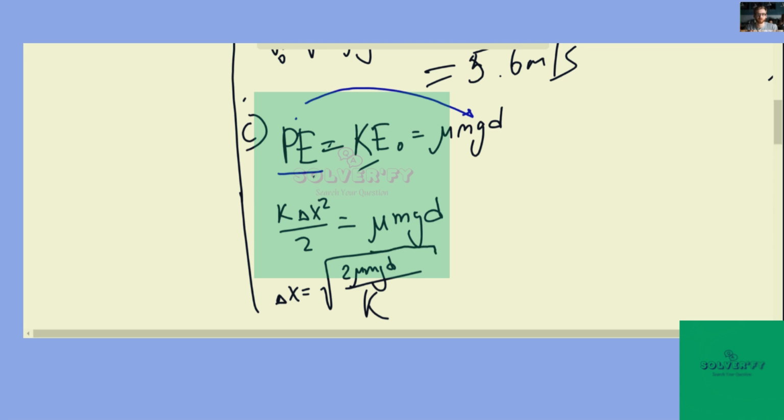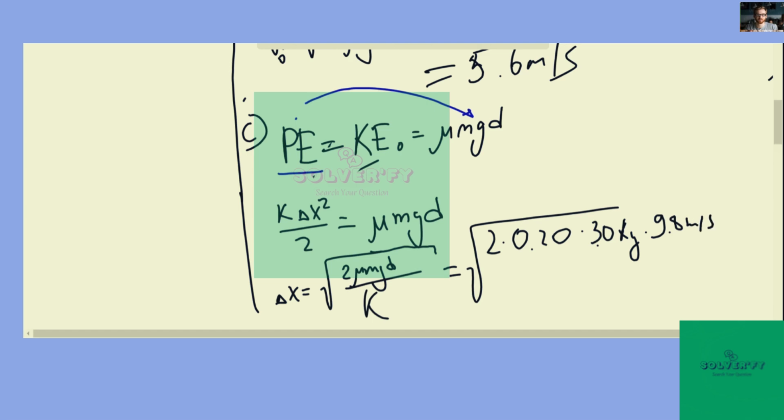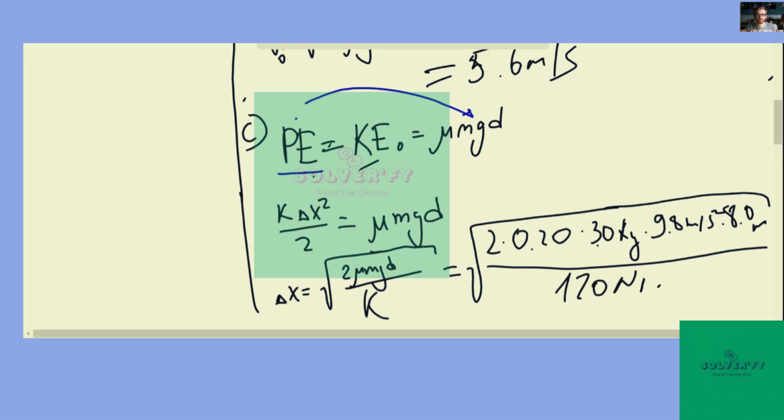Now we can calculate it. It equals the square root of 2 times 0.20 times 3.0 kilograms times 9.8 meters per second squared and times 8.0 meters, all divided by k, which is 120 newtons per meter.